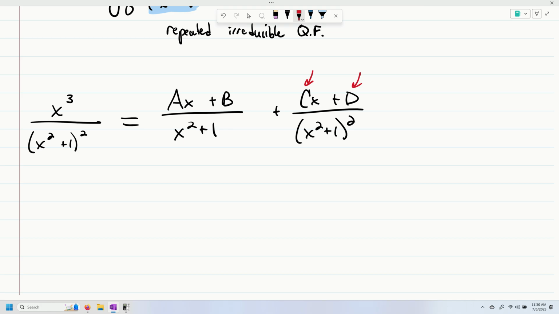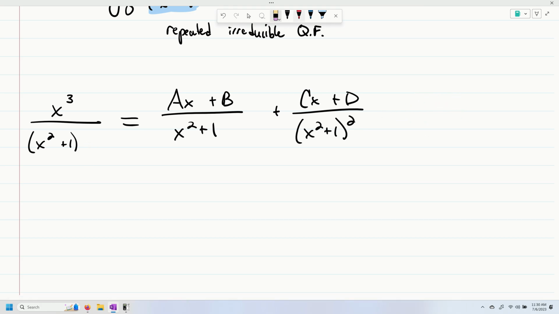So hypothetically speaking, if this was a 3 right here, then I would use x squared plus 1, and if you just go with the alphabet, A, B, C, D, E times x plus F, you would just keep going like that, except this would not be a 2. It would be a 3. So that's how this works. It's very straightforward.